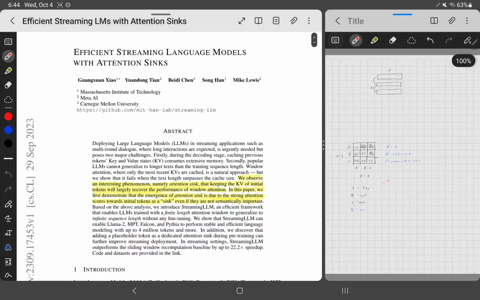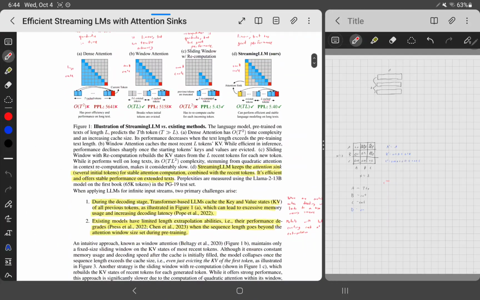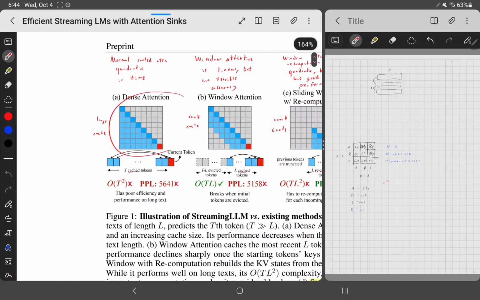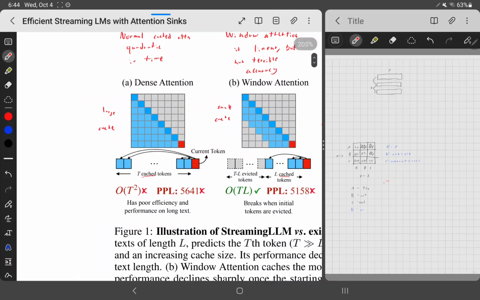Now, what do they do? They basically say that there are multiple ways to do inference in attention. So this is our attention matrix, and you're going to see this attention matrix all throughout this paper. This attention matrix shows these tokens doing their attending.